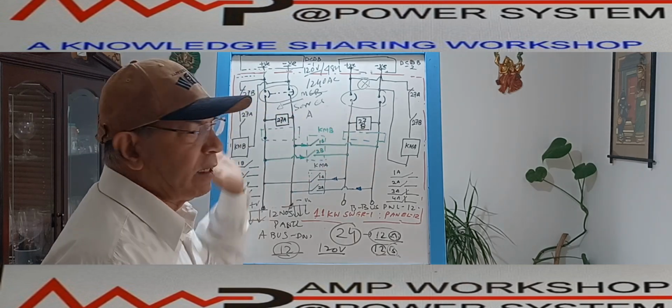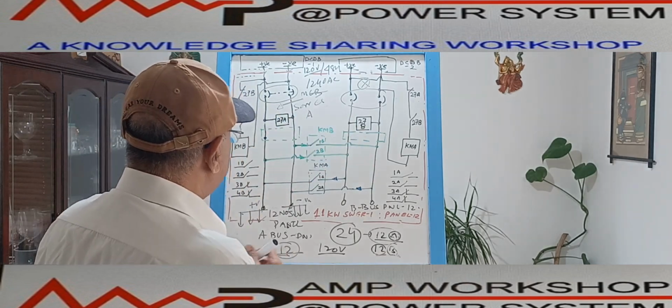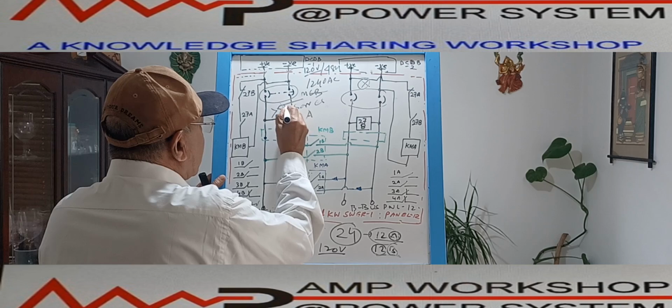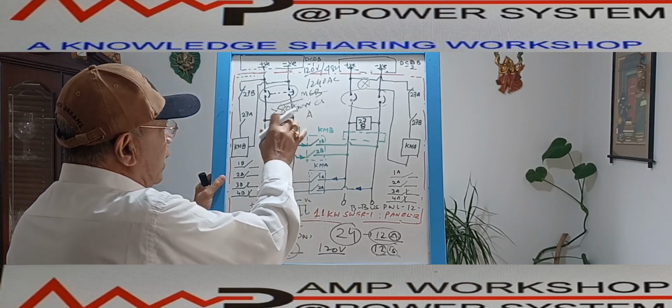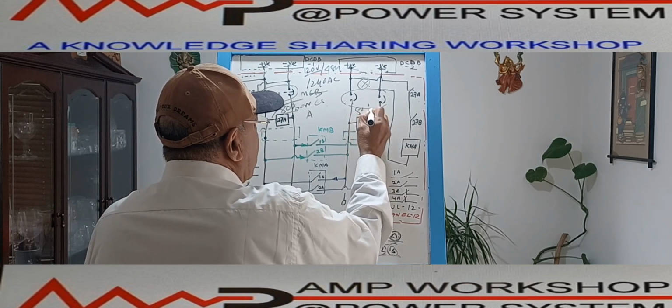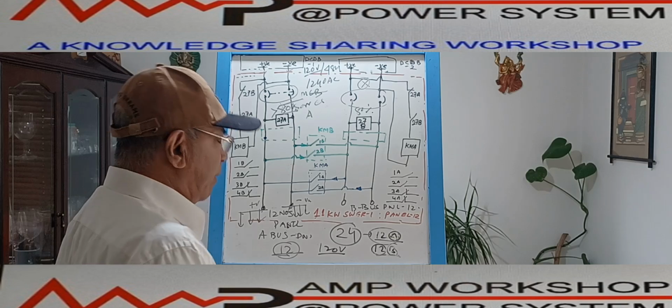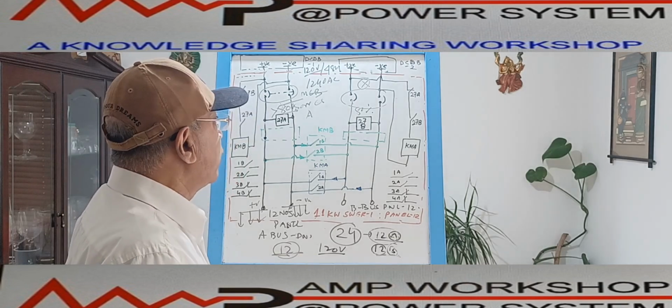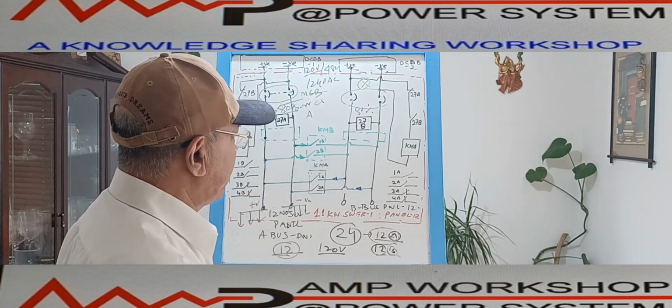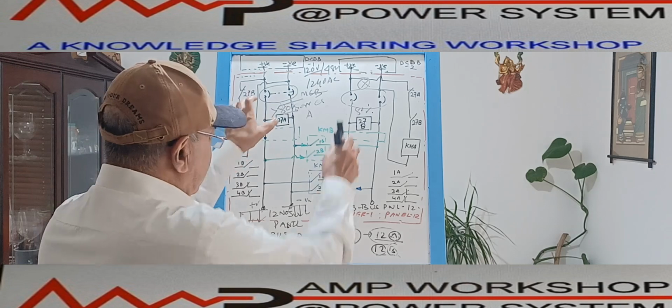We have a setting: if the voltage is more than 80% of the rated voltage, both under voltage relays will pick up. If the B source voltage is more than 80%, which is 96 volt in case of 120 volt, then the 27B relay will pick up. That is the normal condition.